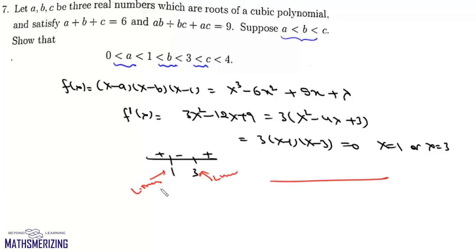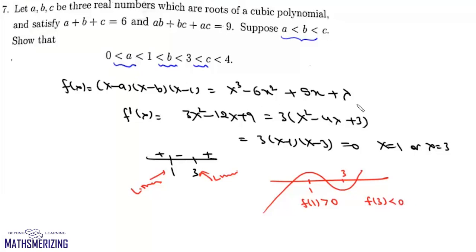Now since this function has 3 real roots, the graph should be drawn like this. At 1 we have a maxima and at 3 we have a minima. That means the value of f(1) should be greater than 0 and the value at 3 should be less than 0.